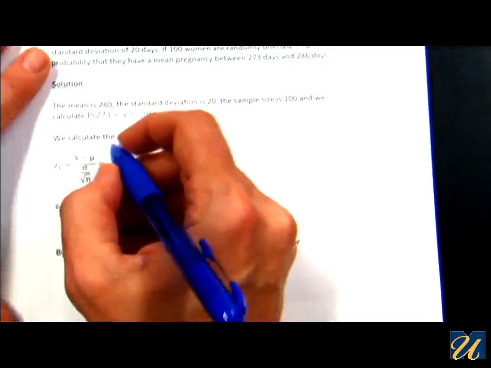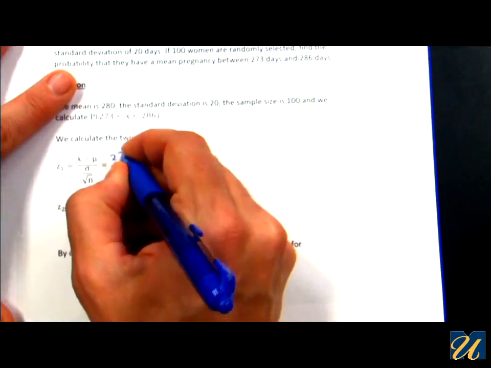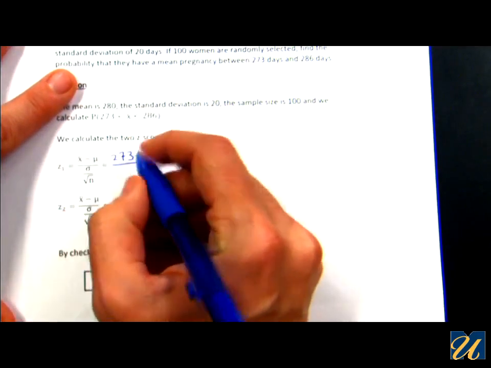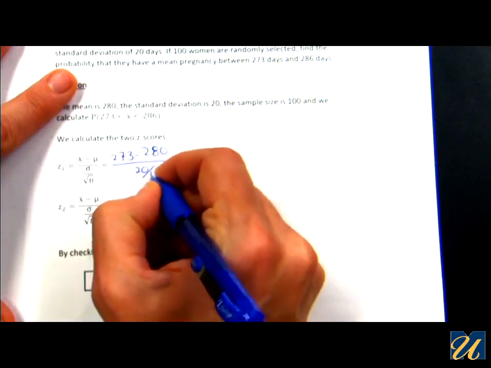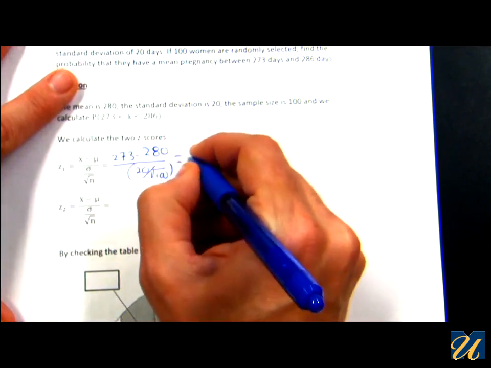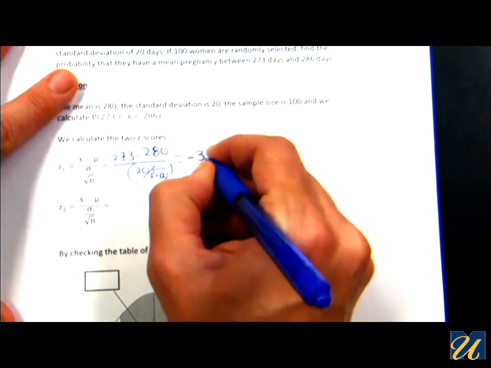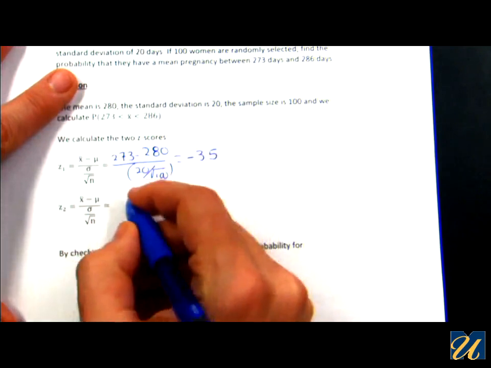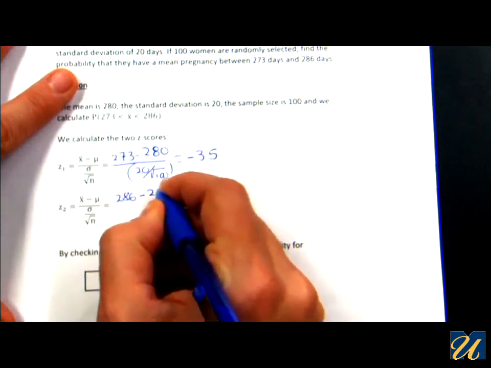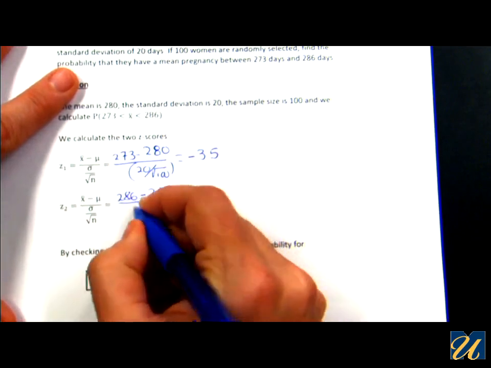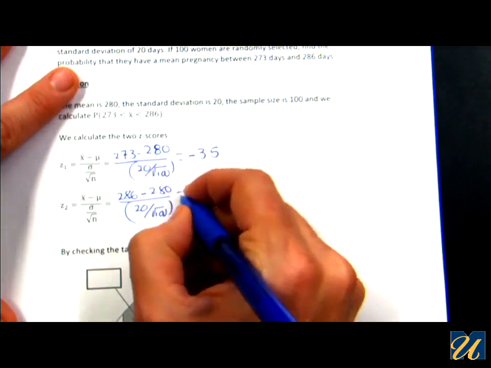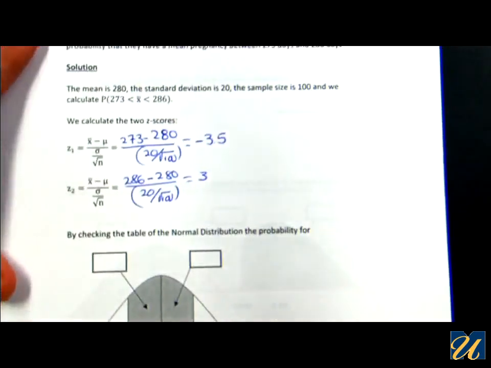So the z-score will be 273 minus 280 over 20 divided by square root of 100, and this is equal to negative 3.5. 286 minus 280 over 20 divided by square root of 100. So this will be equal to 3.